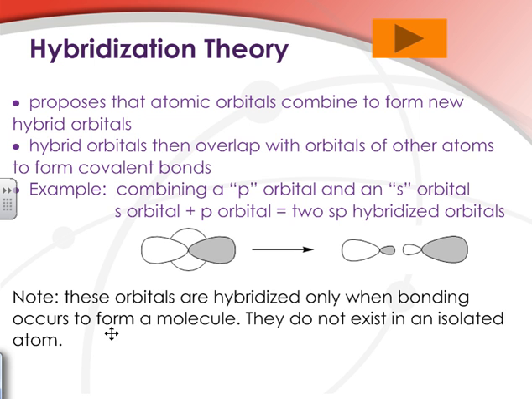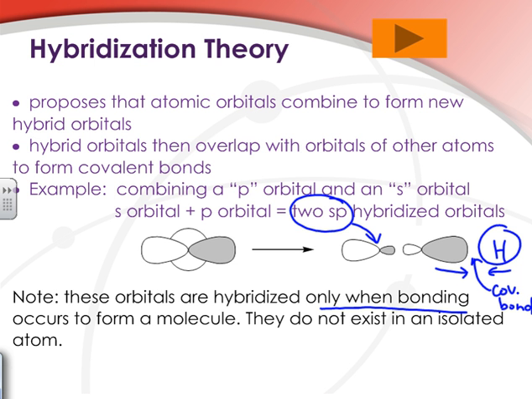So here's an example. Combining a p orbital and an s orbital gives you two sp hybridized orbitals. They look like that. Those orbitals can now bond with an s orbital from hydrogen, and that there is your covalent bond. So note, these orbitals are hybridized only when bonding.